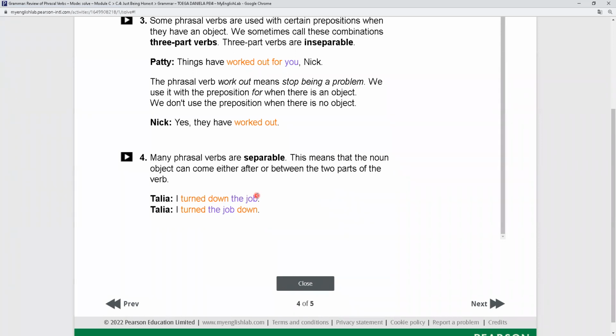Entonces, en este caso vamos a ver qué significa turn down. Do you know what is the meaning of it? No sé. Ok, down es que no lo rechazó. Exactamente, rechazar. Ujú.